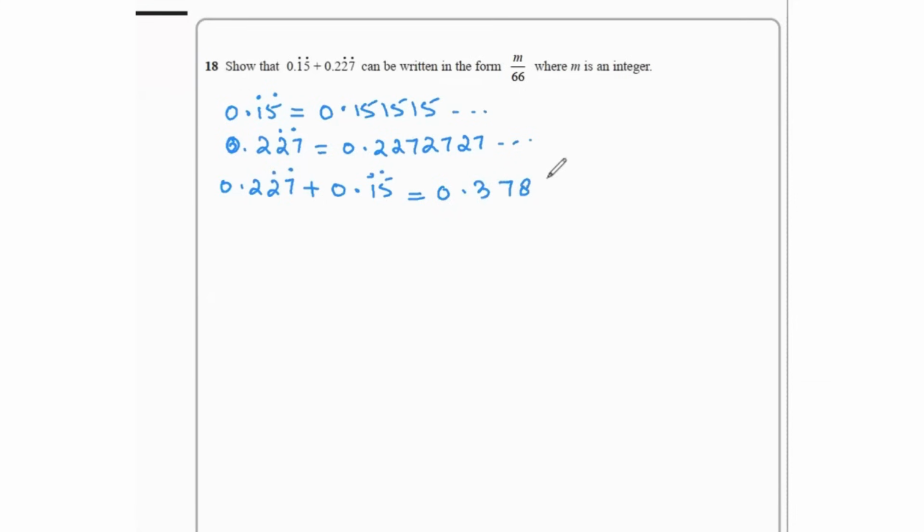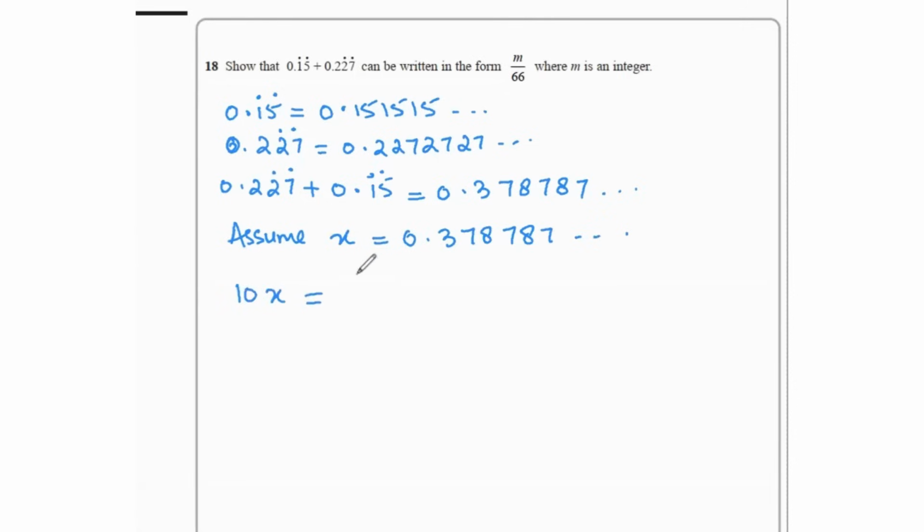0.3787, and so on. So now we're going to assume that x equals 0.3787, and so on. To convert this into a fraction, I'm going to first multiply x with 10.